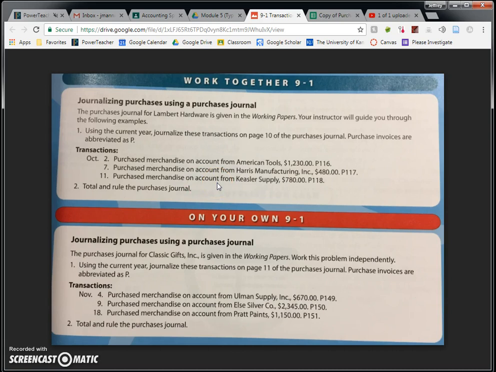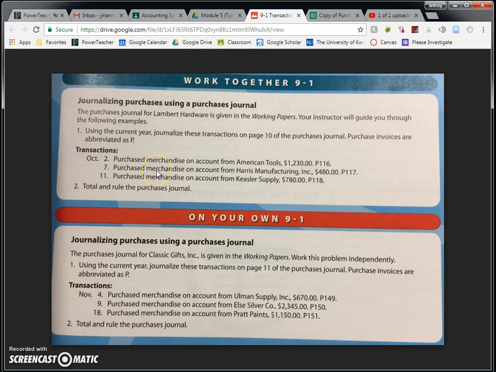This will be a little more challenging whenever we have different types of transactions, because you're going to have to determine what type of transaction it is, which special journal to use, and then record it in there. But for this one, let's just do the easy way, and we've got all of our transactions that are going to go into the purchases journal.